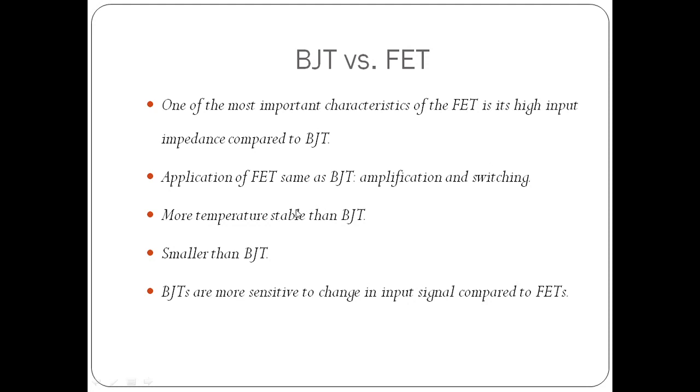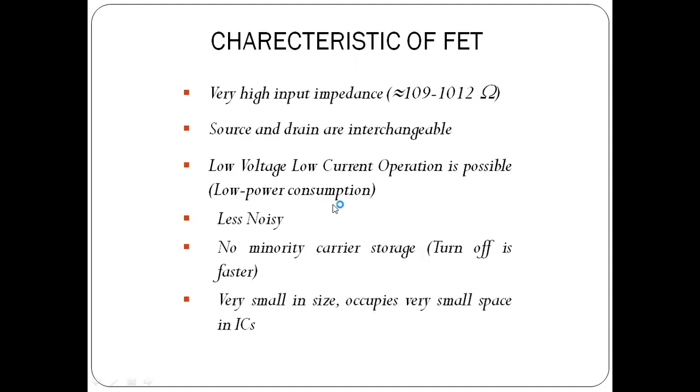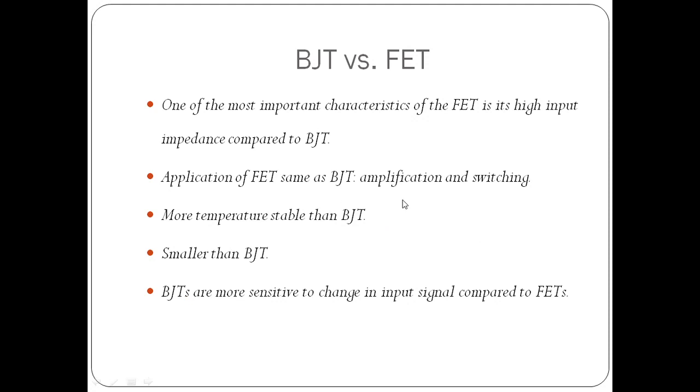FETs are more stable in terms of temperature compared to the BJTs. FETs are smaller in size than the bipolar junction transistors. BJTs, on the other hand, are more sensitive to changes in input signal compared to the field effect transistors.